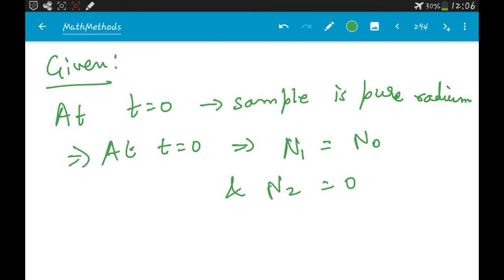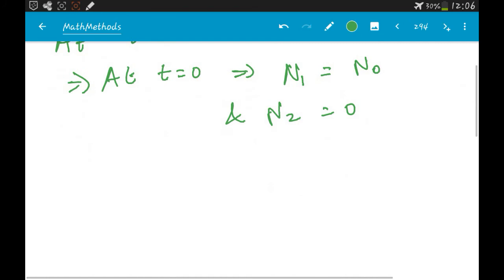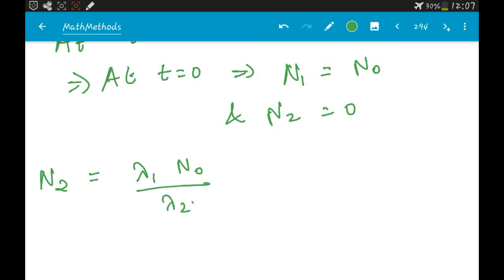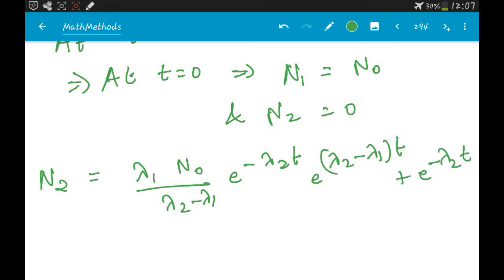So we can substitute here. The N2 we found was lambda 1 N naught by lambda 2 minus lambda 1, e power minus lambda 2 t, e power lambda 2 minus lambda 1 into t, plus e power minus lambda 2 t.